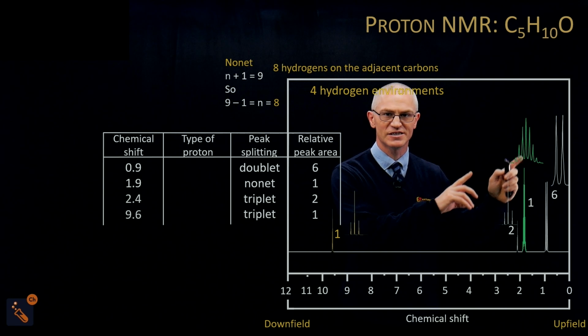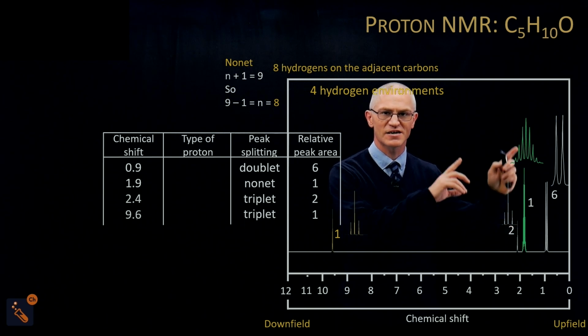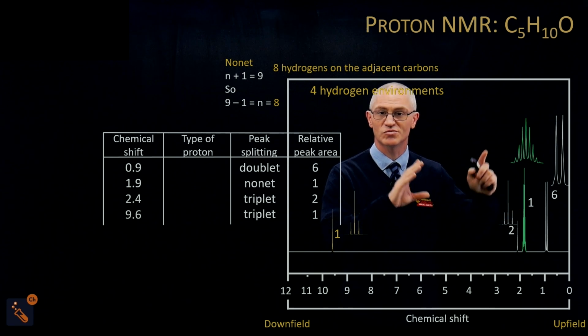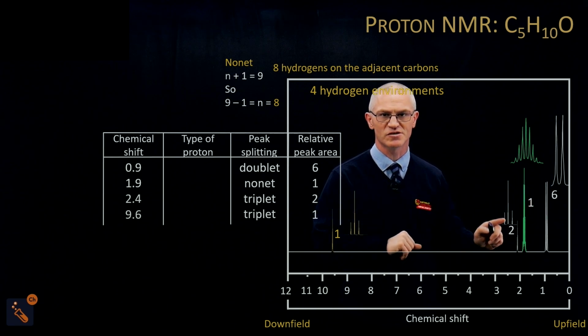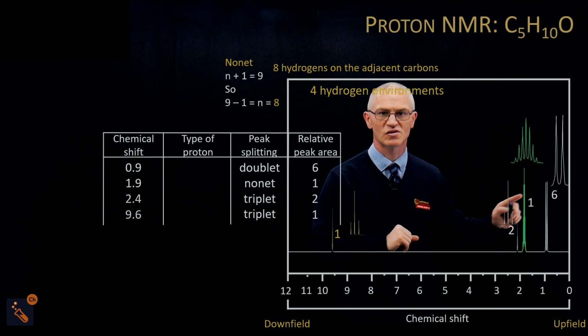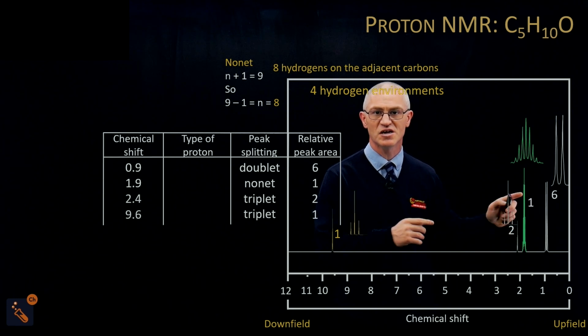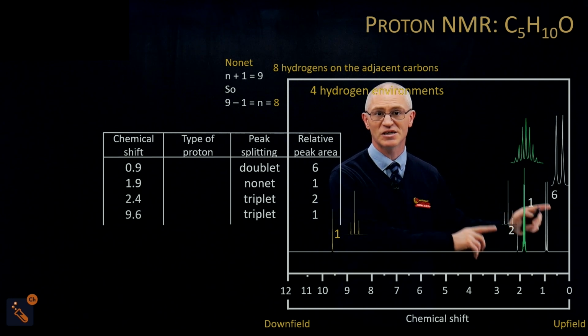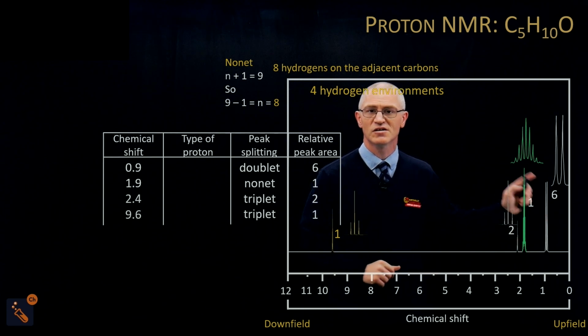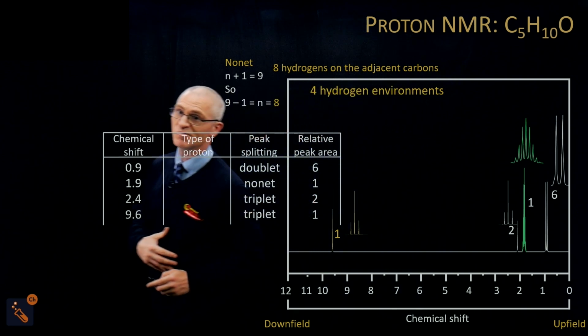So if you think about it, this is a CH, and this CH must be next to 2 carbons which have 8 hydrogens on. Well, 6 plus 2 is 8, so the hydrogen on this carbon is bonded to the carbon with 2 hydrogens on and the carbons with 6 hydrogens on. So basically this CH is in the middle of these 2 CH3 groups and this CH2.